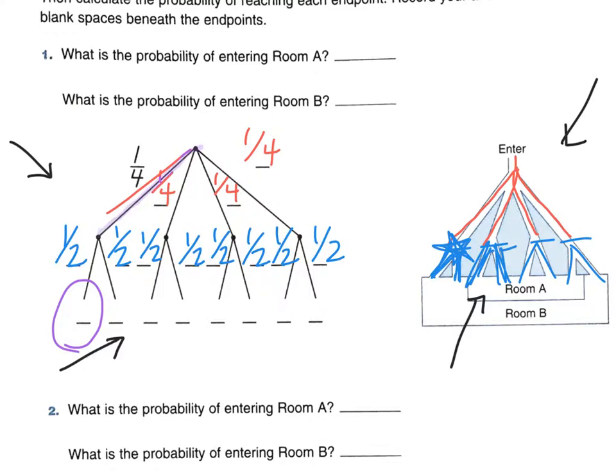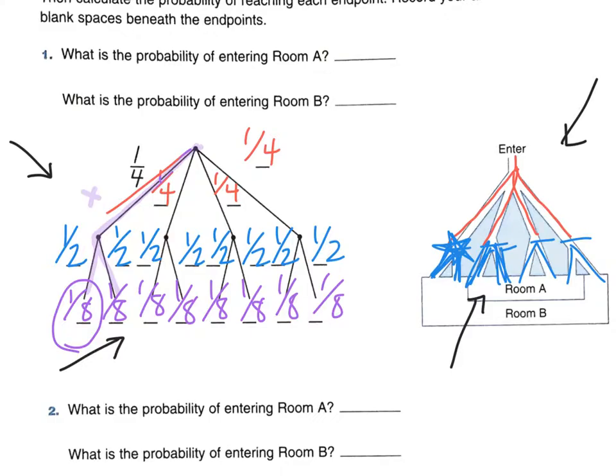If I follow this exact pathway to get down there, that would be 1/4 times 1/2, which would get me 1/8 probability. If I switch back to my highlighter, let's say I take this first path again, but now I branch off here. Same thing, 1/4 times 1/2 gives me 1/8. And you guys can probably see the pattern for this tree diagram, that all of these would be 1/8 because they took very similar paths and split off the same equal amount.